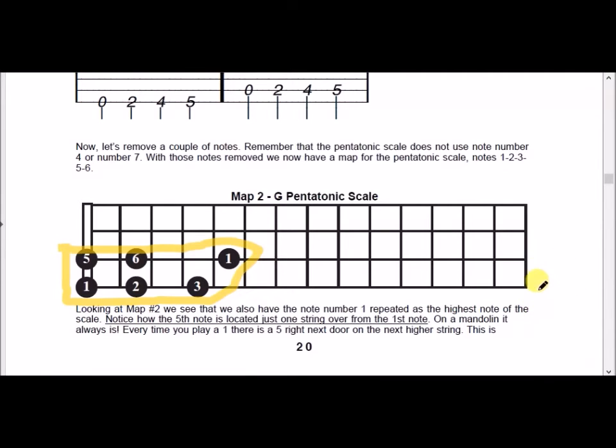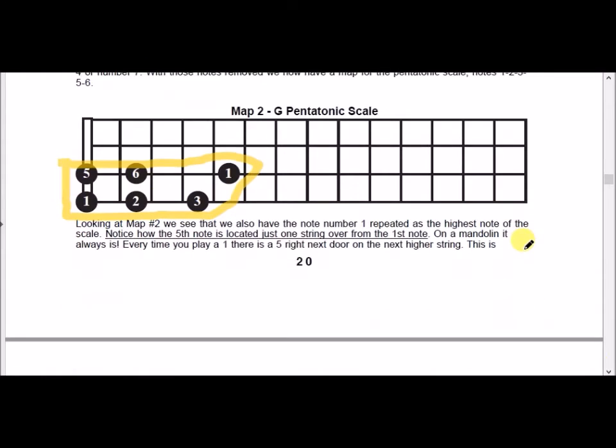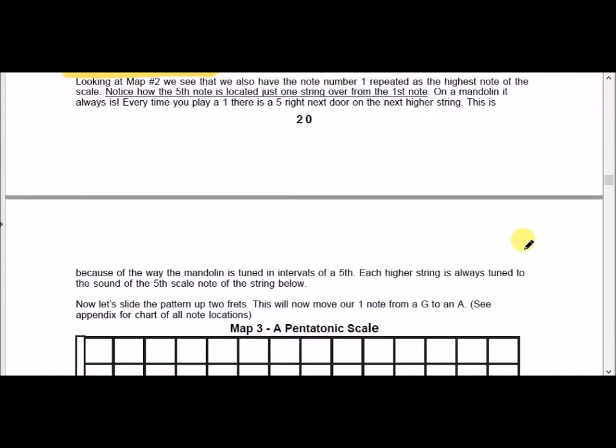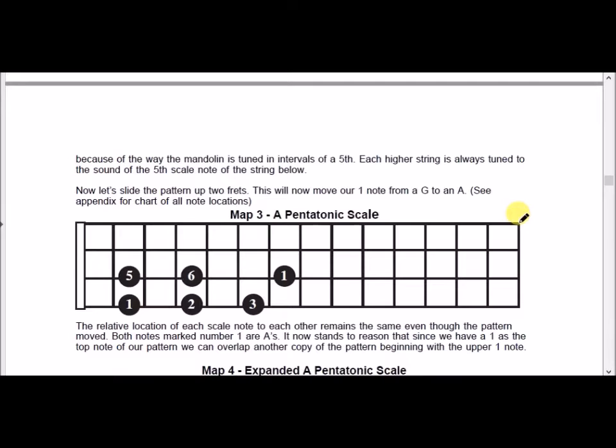because in a minute, right now as a matter of fact, we're going to go to the A pentatonic scale, and we know that an A note can be found at the 2nd fret of the G string, and there it is right there, number 1 note.